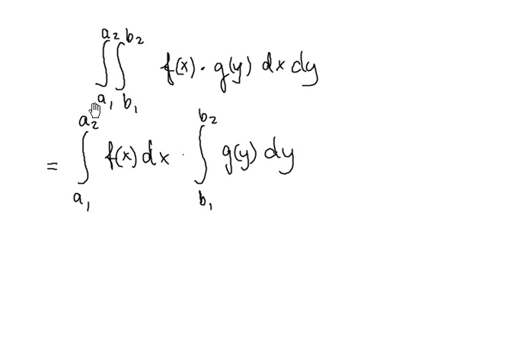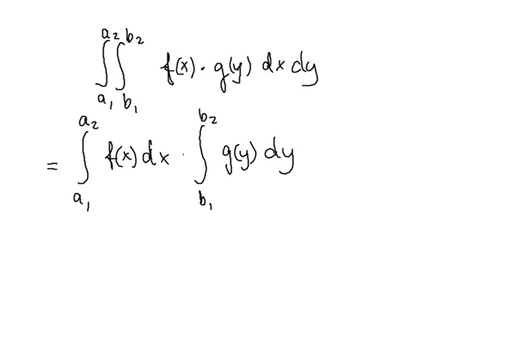We just take the integral of the function f from a1 to a2 and multiply it with the integral of the function g of y from b1 to b2. So when we compute this product, we have the whole integral.